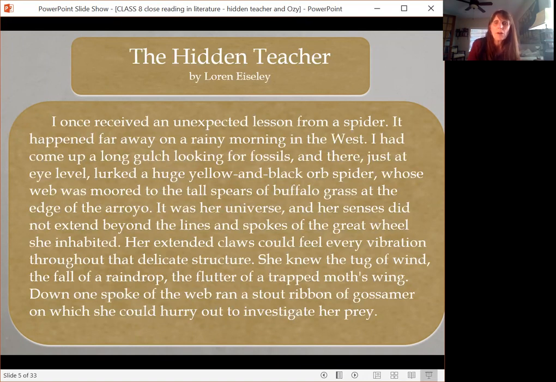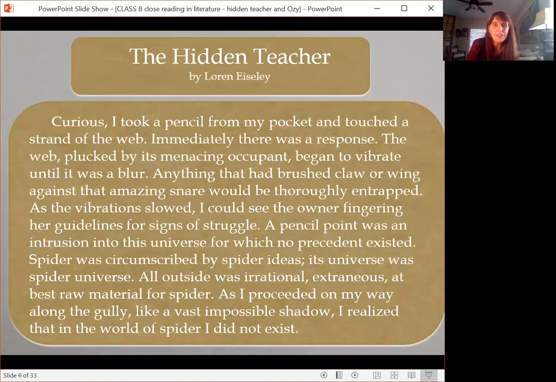Her extended claws could feel every vibration throughout the delicate structure. She knew the tug of wind, the fall of a raindrop, the flutter of a trapped moth's wing. Down one spoke of the web ran a stout ribbon of gossamer on which she could hurry out to investigate her prey. Curious, I took a pencil from my pocket and touched a strand of the web.